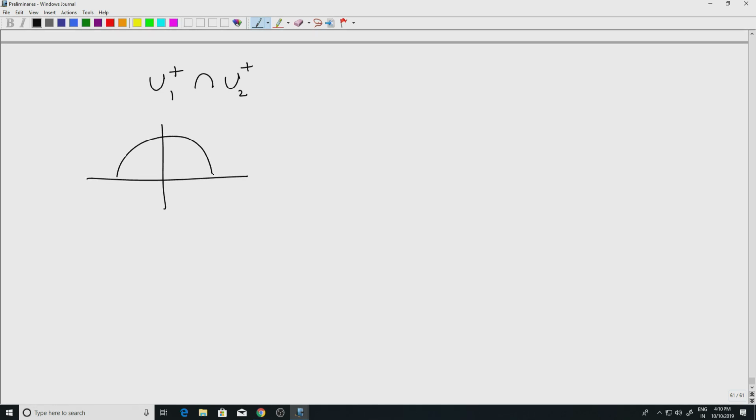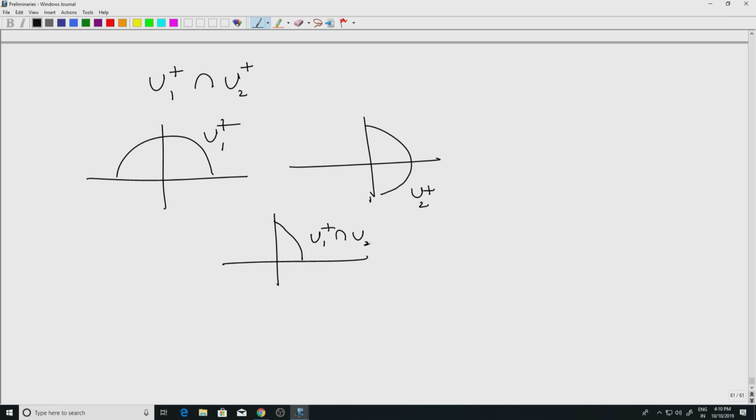So u1 plus was here and then u2 plus was this. Their intersection actually is just going to be this, the open arc u1 plus intersection u2 plus. However, the transition function is not defined on u1 plus intersection u2 plus. It's rather the transition function here.